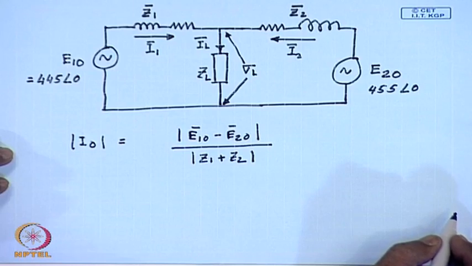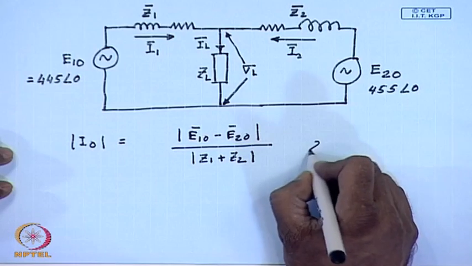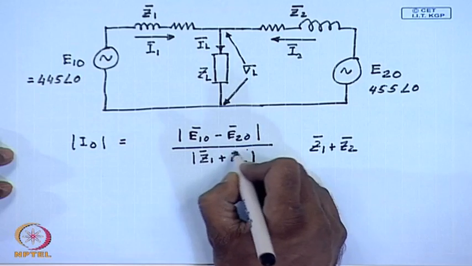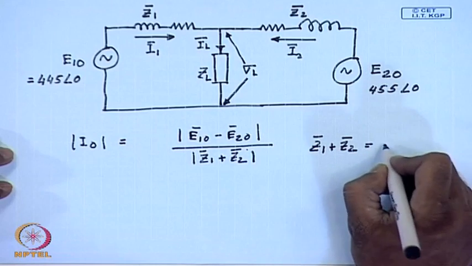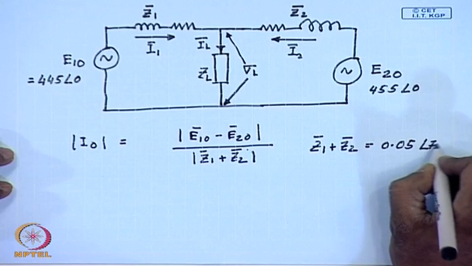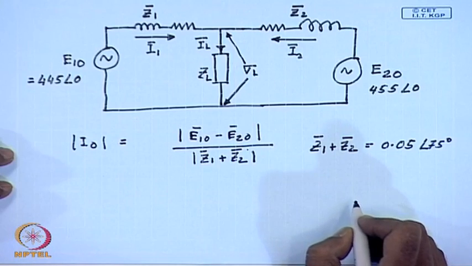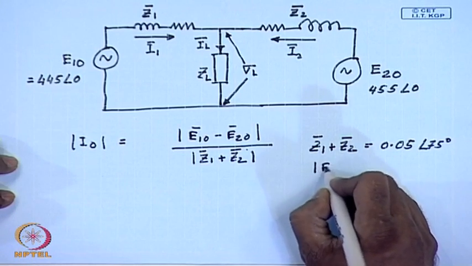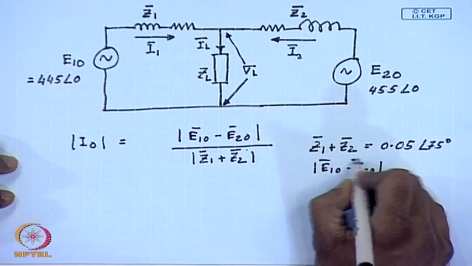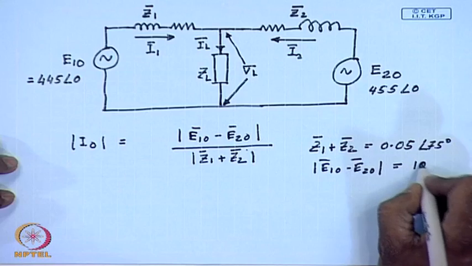Now, from the given data, Z1 plus Z2 is equal to 0.05 angle 75 degrees, and mod E10 minus E20 is equal to 10 volts.